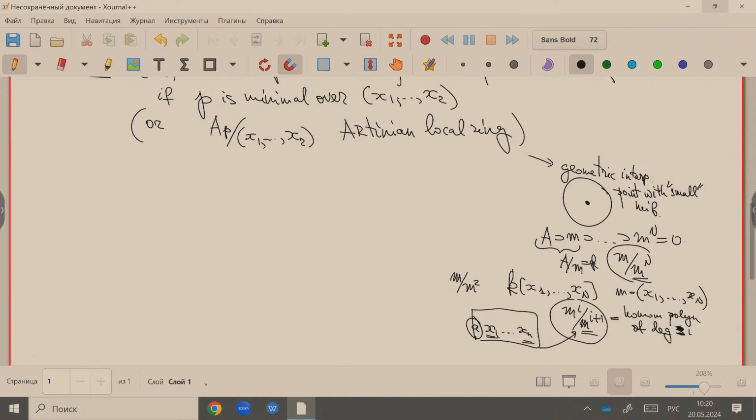So that means that the information contained in, for example, the quotient modulo m square is the following. This is the value of the polynomial, and the next term is the linear term of this polynomial, and this is a collection of coordinates.